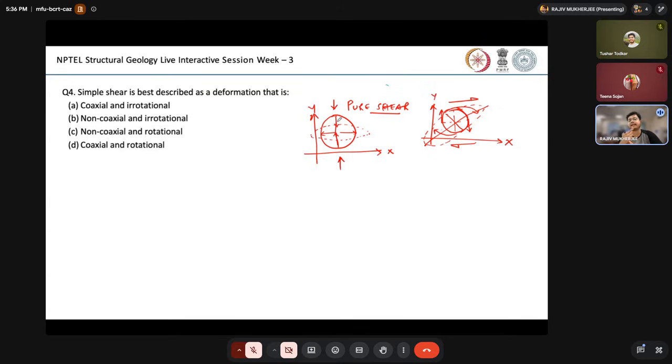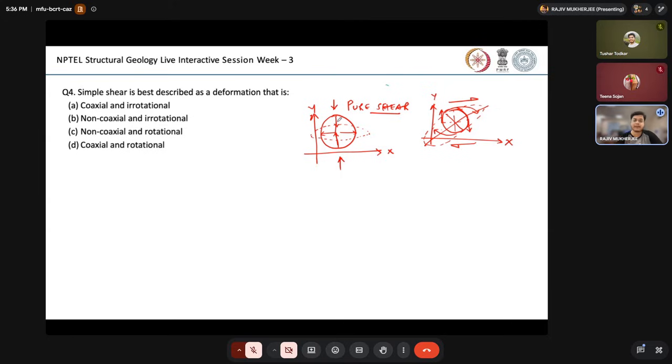That means it is losing its axiality. So a deformation that is losing its axiality is generally termed non-coaxial. Coaxial means it is maintaining its axiality.